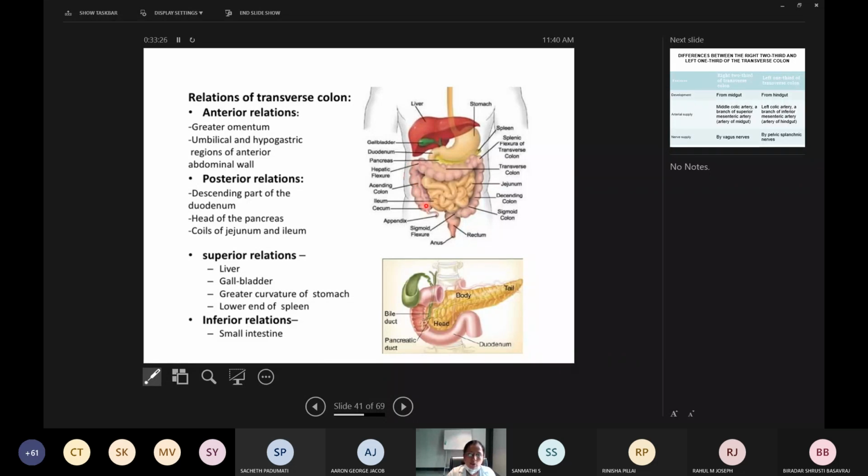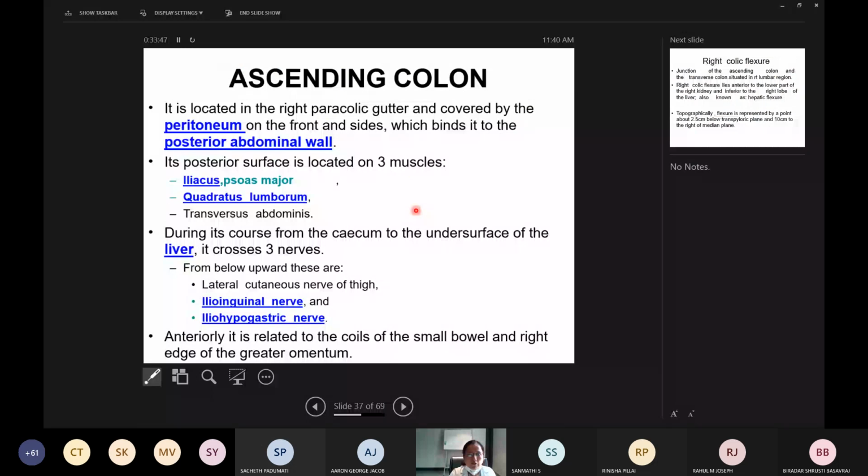So this ascending colon has got the tinea coli, whatever we have discussed, that is the tinea libera, tinea mesocolica and tinea omentalis. The front and sides are covered by the peritoneum. The posterior part is non-peritoneal and it will be related to the muscles of the posterior abdominal wall.